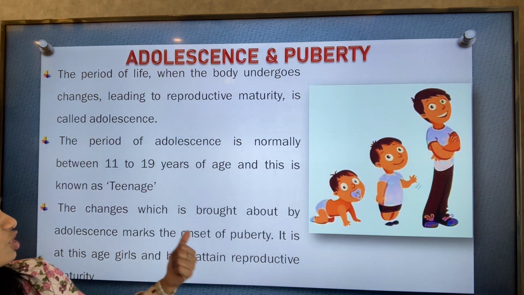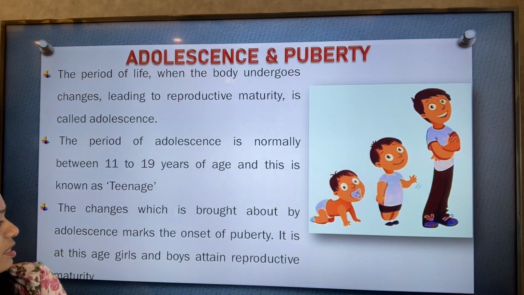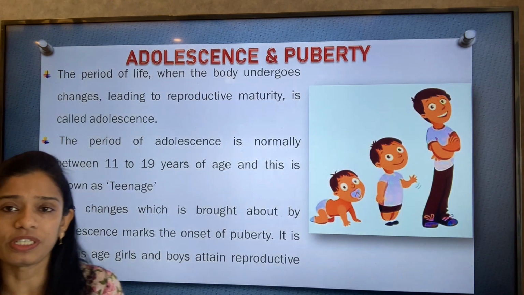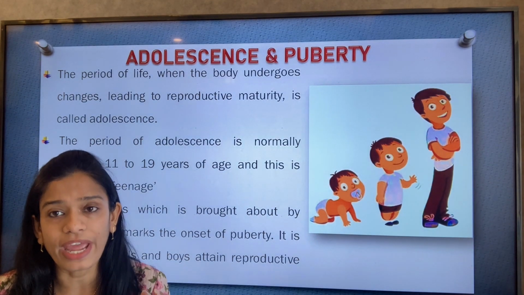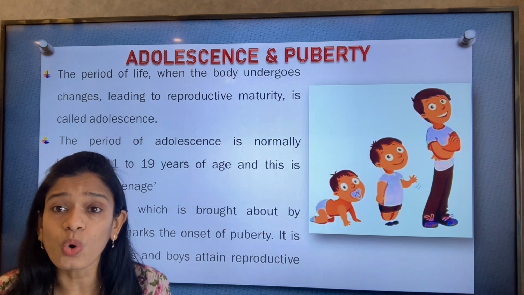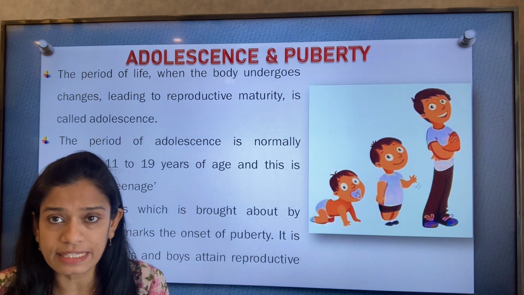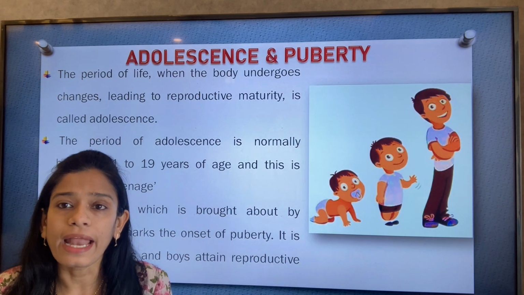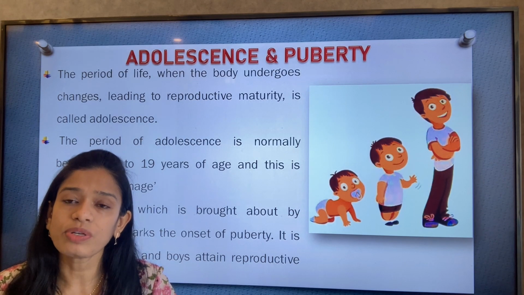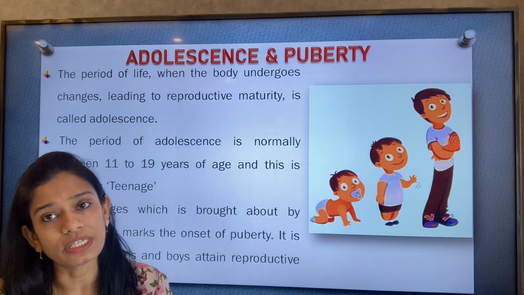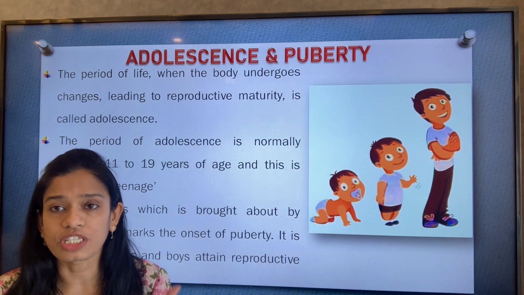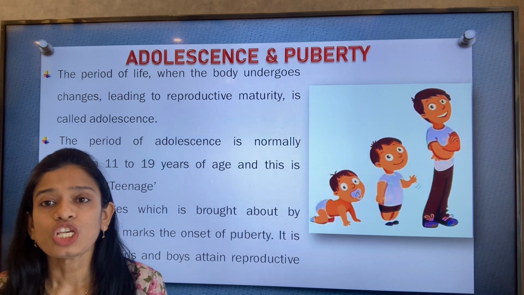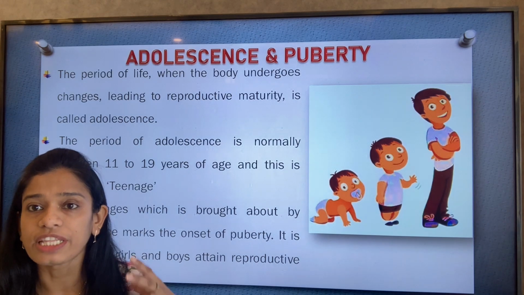Next, the changes brought about by adolescence mark the onset of puberty. So adolescence is that particular age when you are entering the age of adolescence, and the changes that are brought about are due to puberty. Try to understand the difference between these two terms, adolescence and puberty. Adolescence is the age that you are entering.